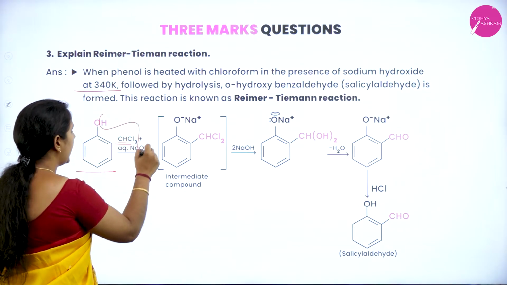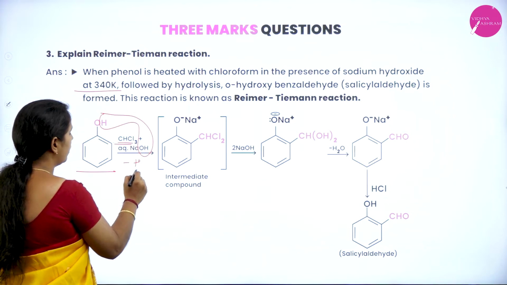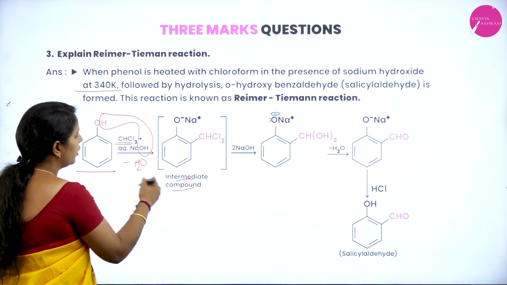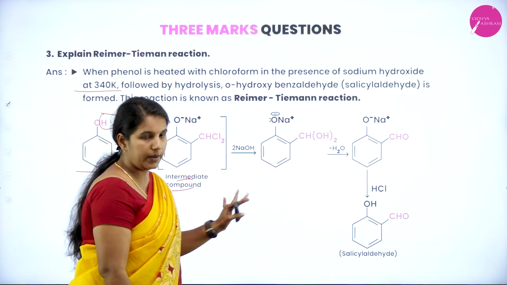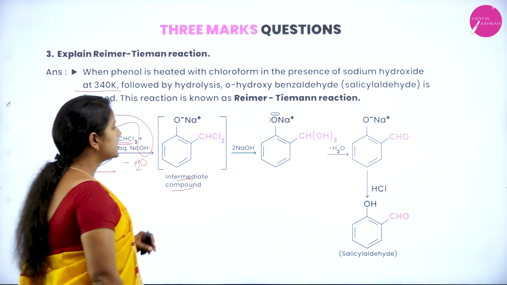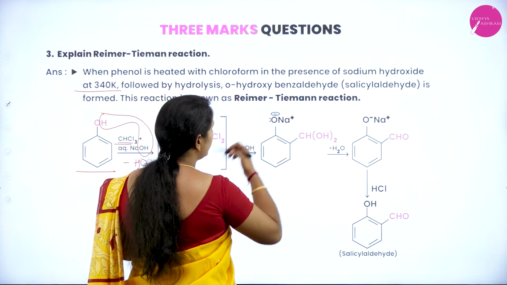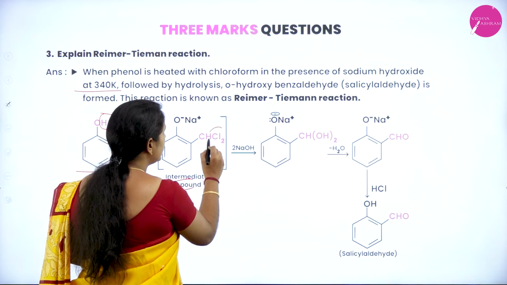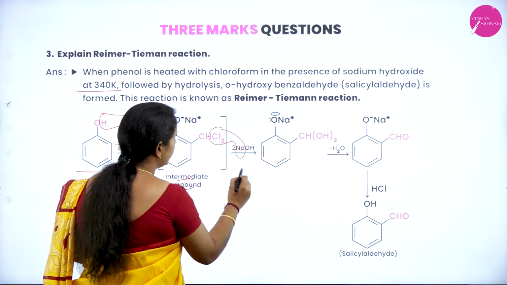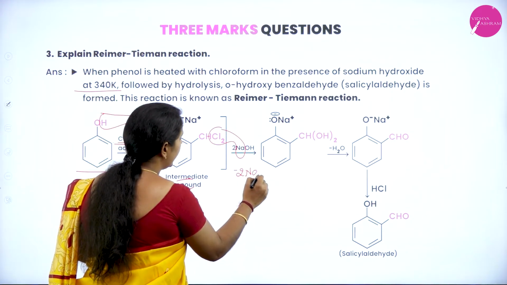and H and OH from the NaOH will be removed in the form of a water molecule, and we get an intermediate product, which upon further treatment with sodium hydroxide, the OH will get substituted between the CH and Cl2, because the Cl2 will carry 2Na, thereby forming 2NaCl.